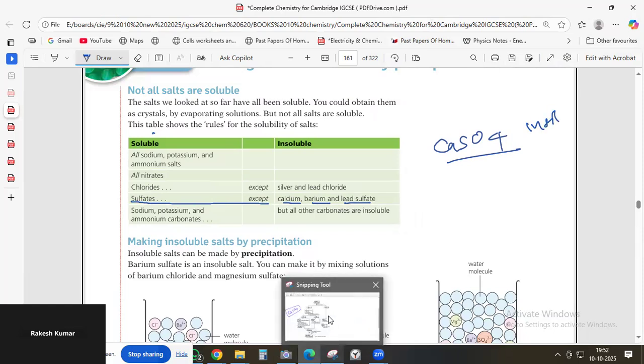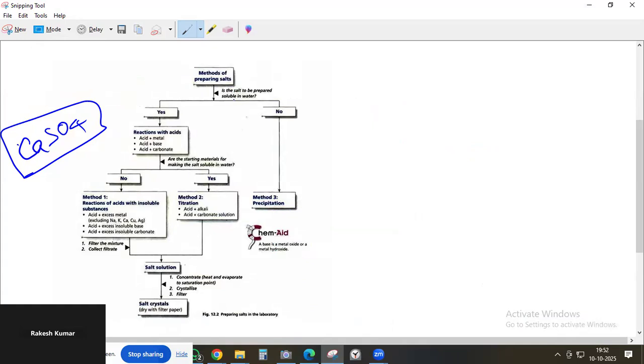Next, whenever we are asked to make a salt, we should know whether the salt to be prepared is soluble in water or insoluble.